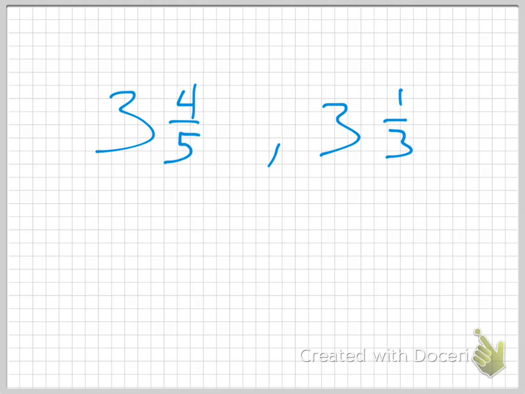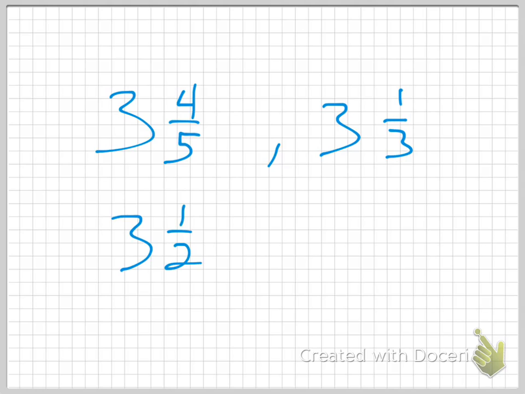For example, if I said, order these from the smallest to the biggest, and I said, okay, 3 2/5, 3 4/5, 3 1/3 and 3 1/2.